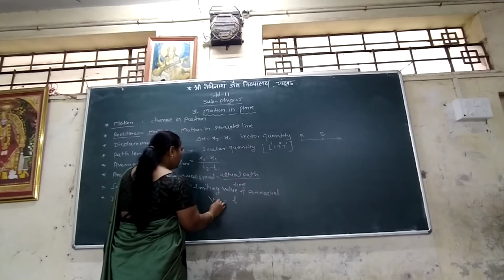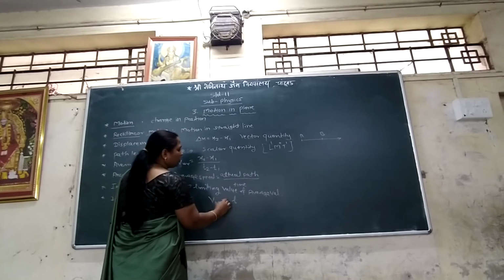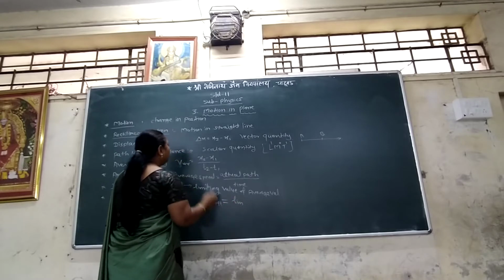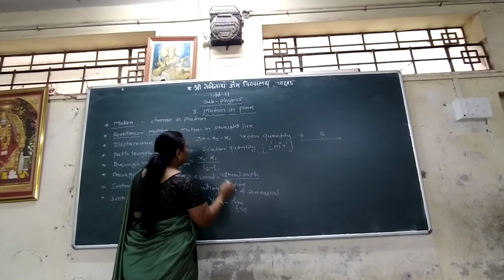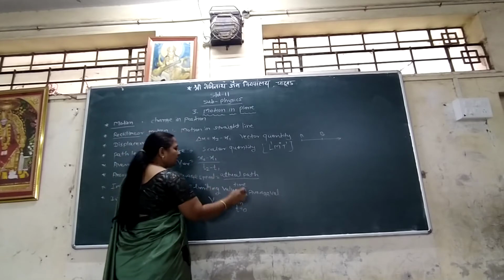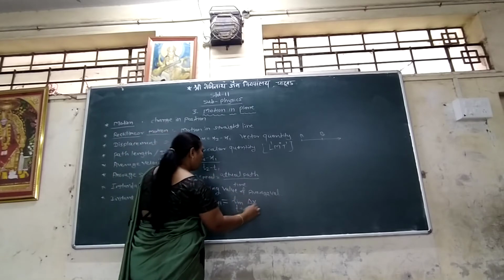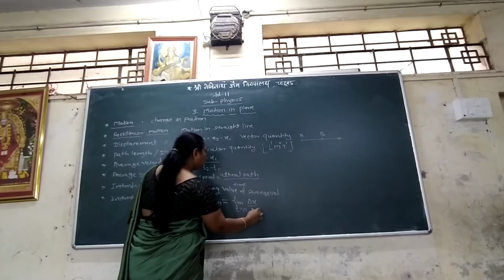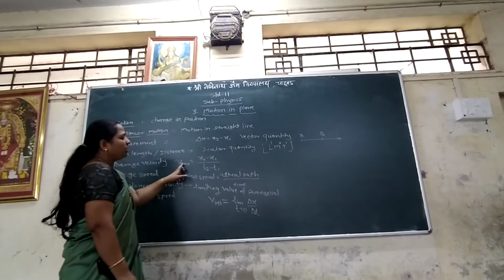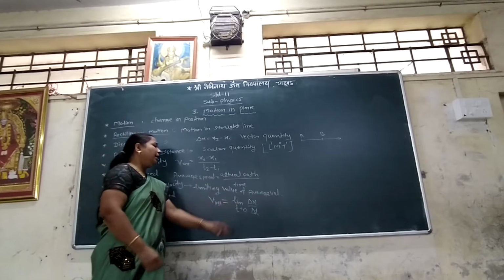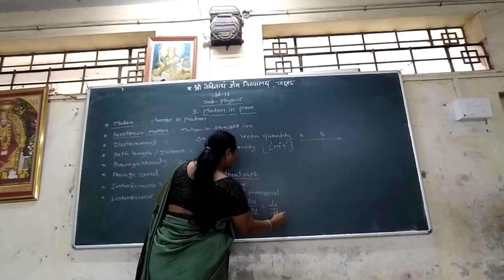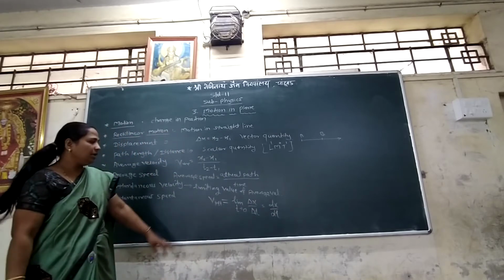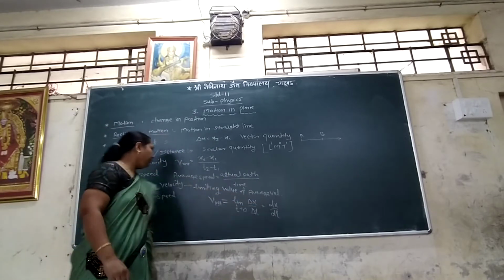Instantaneous velocity is equal to the limit as delta t tends to 0 of delta x upon delta t, that is, dx upon dt.